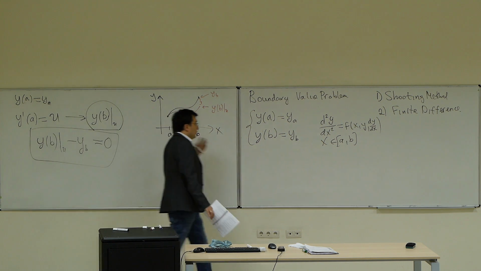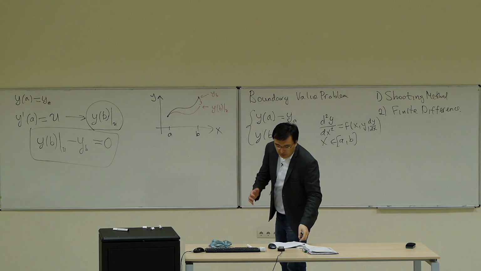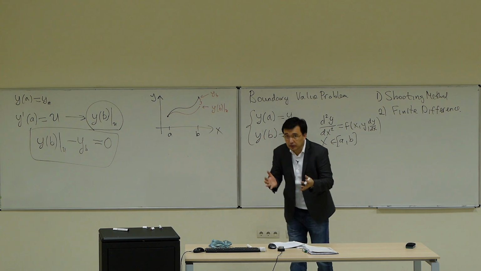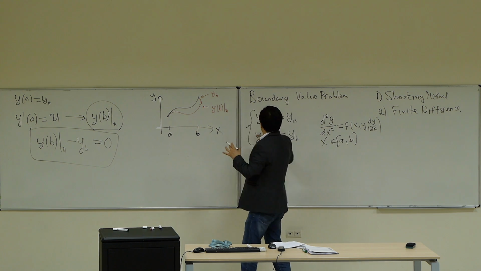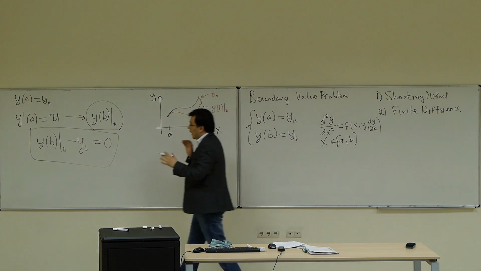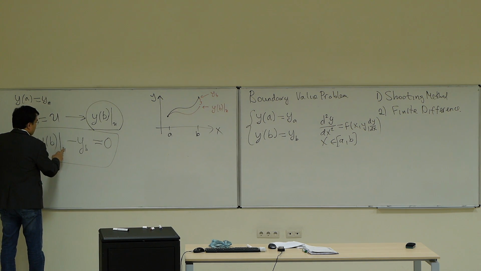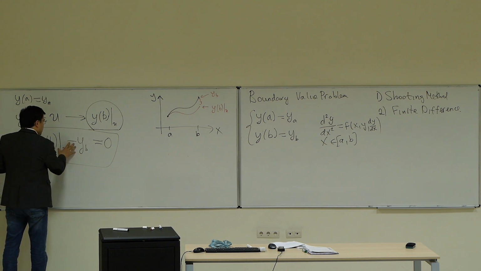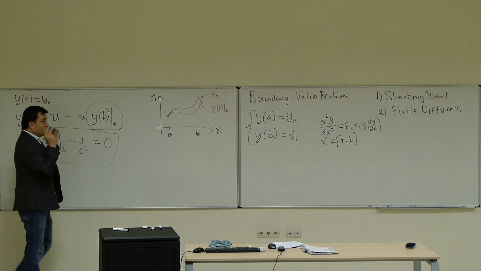So we can use root finding iterative schemes like fixed point iteration or secant method, different methods suitable for this particular differential equation, to find this u which gives 0 here.